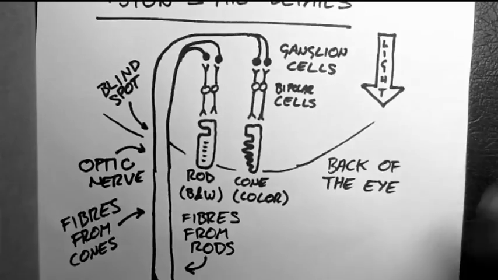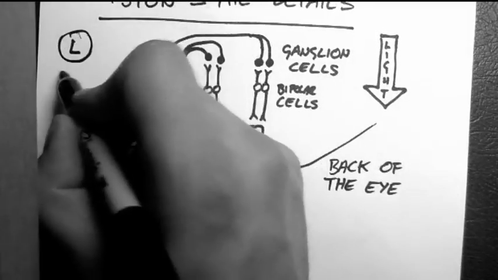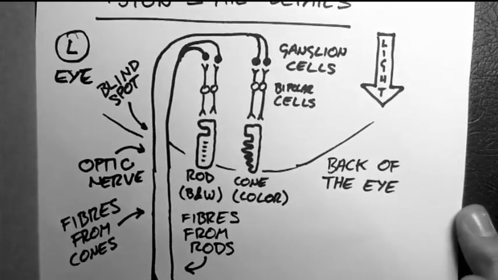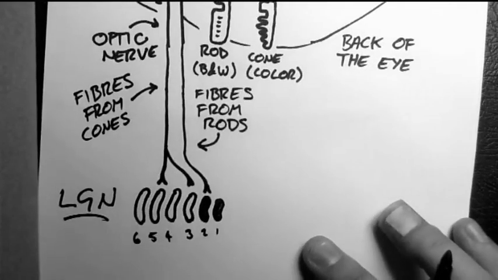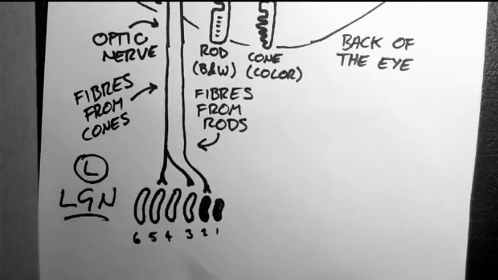So if this is our left eye, these fibres would be coming down to our left LGN.